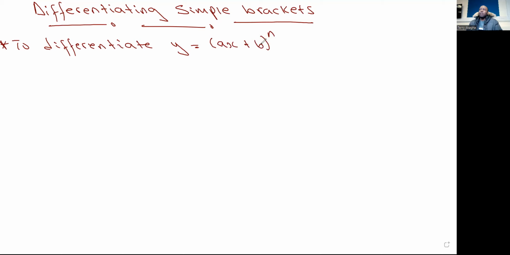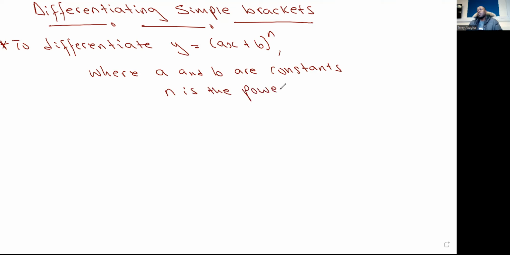Okay, so there is something in the bracket, where a and b are constants, and n is the power. We're told to differentiate something like this.